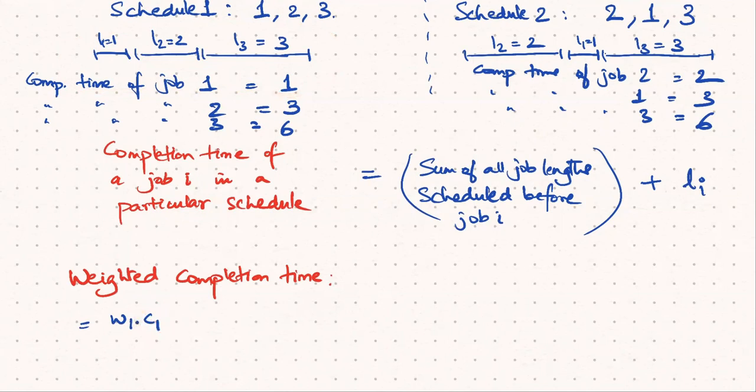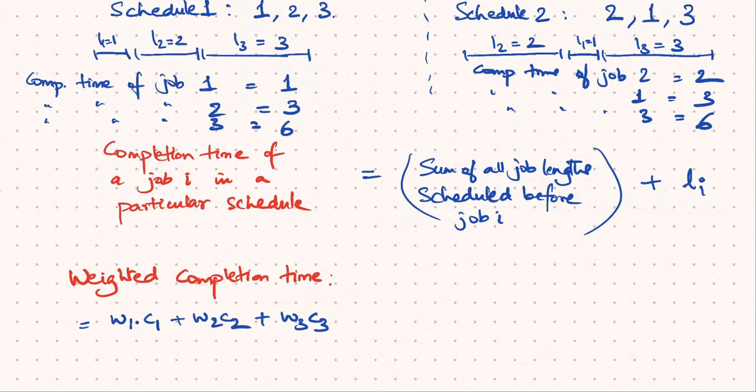So the weighted completion time of this schedule is W1C1 plus W2C2 plus W3C3. For each job, you take its completion time and multiply it with the priority, the weight, of that job.